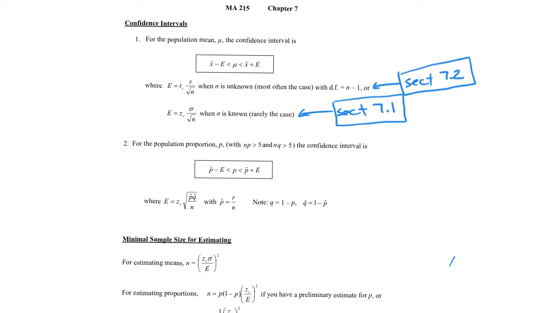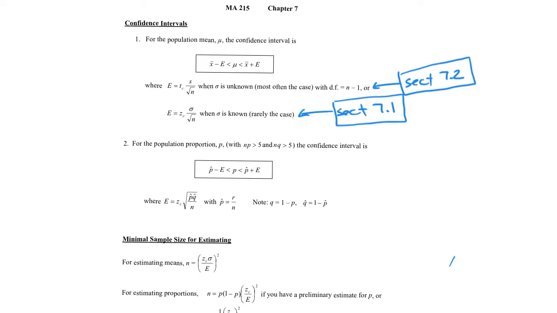In section 7.2, we're going to use t-scores, or Student's t, and we use little s, the sample standard deviation, to find our maximal margin of error. It's very similar to 7.1, but in 7.1 we use a z-score and sigma because it's known.